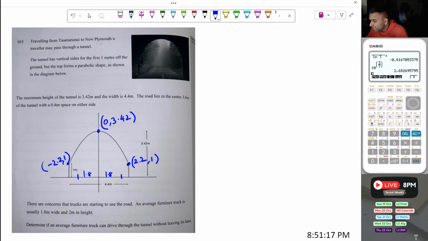Now, you've got three points, so you can straight away come up with the equation of this particular parabola. You could use the calculator for this if you want to, but for this particular purpose, I'm not going to use the calculator. I'm going to do the long method, so I'm going to use the vertex method. For the vertex method, I am going to have y is equal to a times x minus h squared plus v.